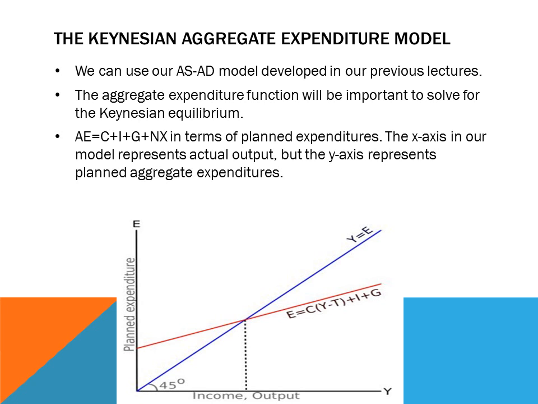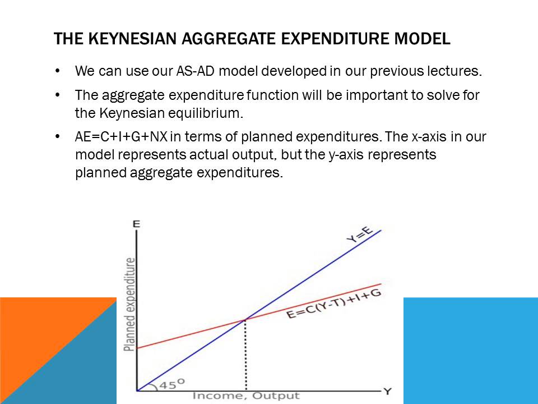The equilibrium is determined using a 45-degree angle line. The 45-degree angle line shows us all points at which actual output, or income, equals planned expenditures.